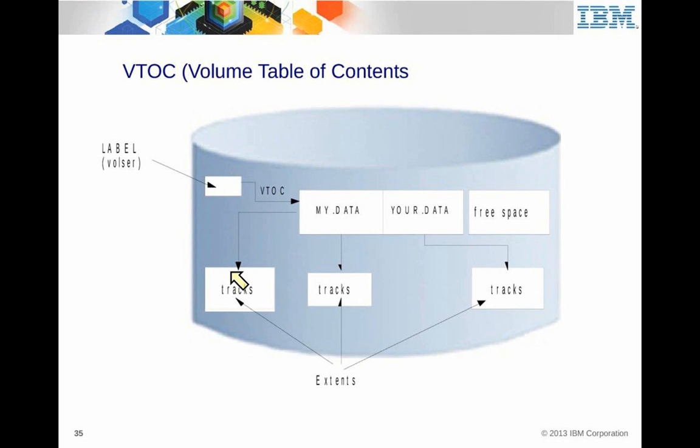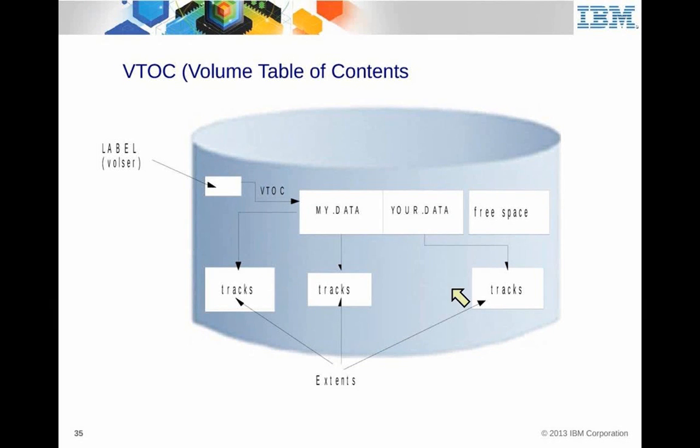It has a beginning and an end, and everything from the beginning to the end belongs to that extent. So let's say my.data, this is the primary extent. We give it a space, it's contiguous, but if the primary extent runs out of room, it's given a secondary extent. The secondary extent is a different physical location on disk, but the extent itself is contiguous. So in this case, your .data only has a primary extent.